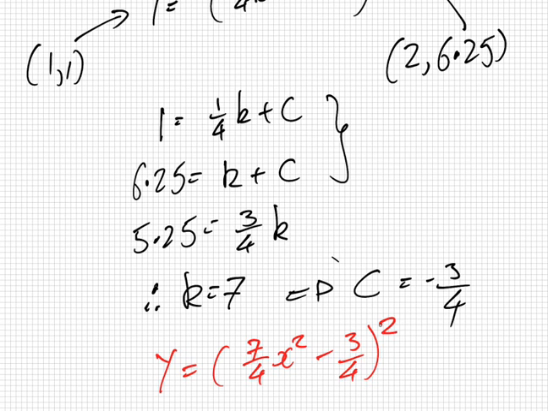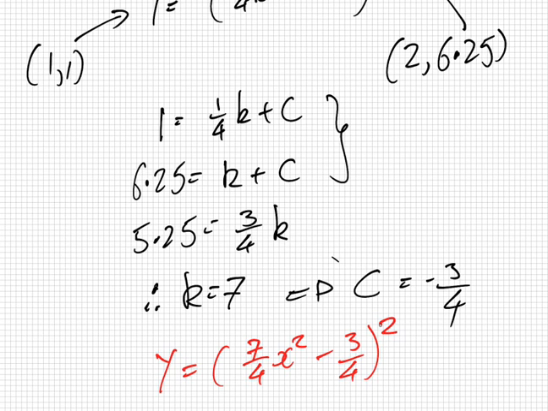So let's see what I get. So 1, and then I do get 1. And when I put x is 2, what should I get for y? I should get 6.25. And I don't. Rats.